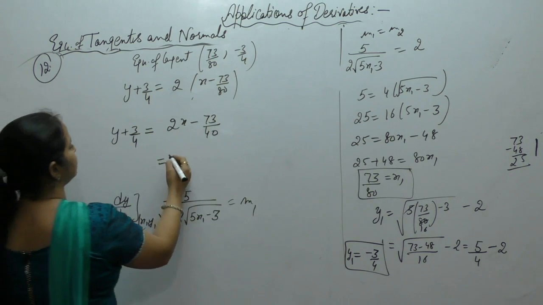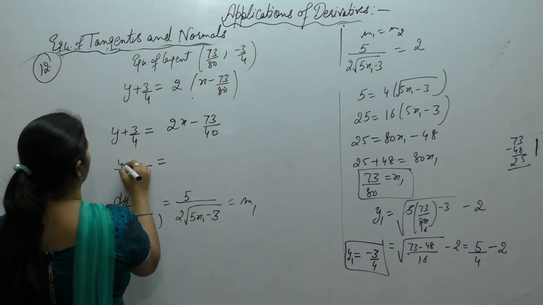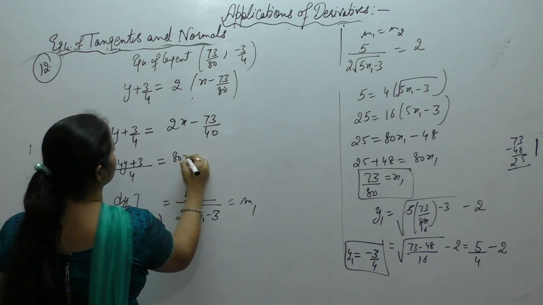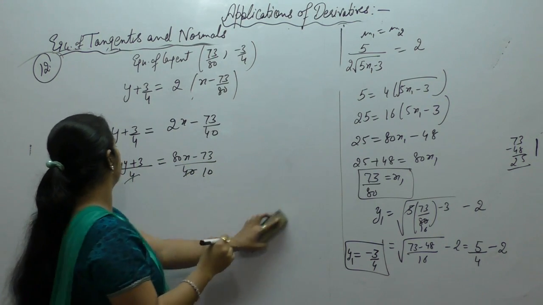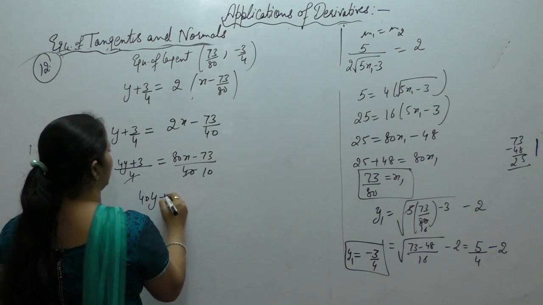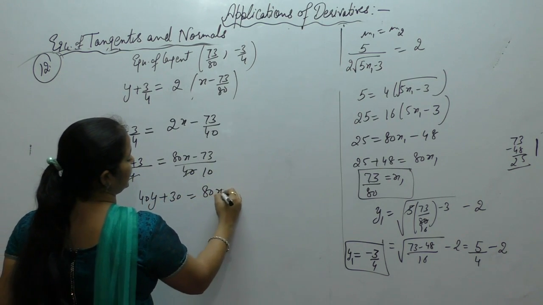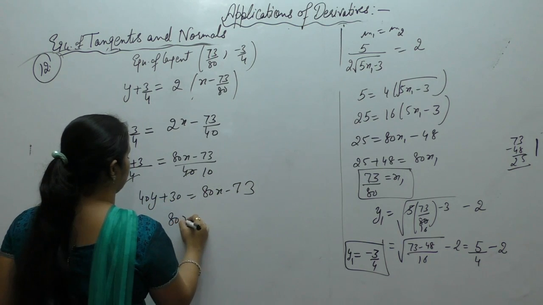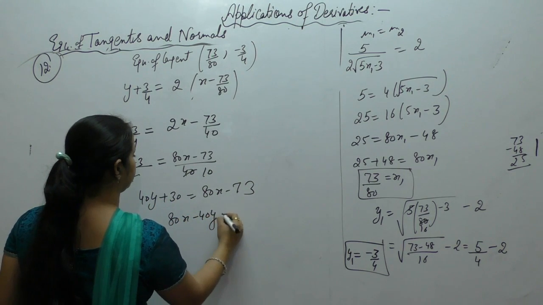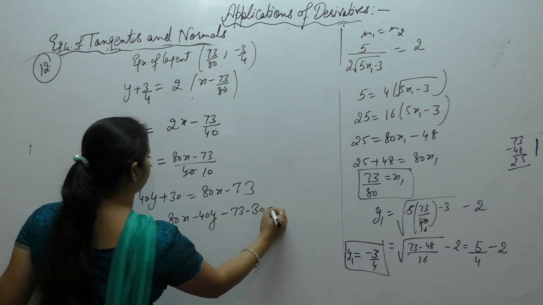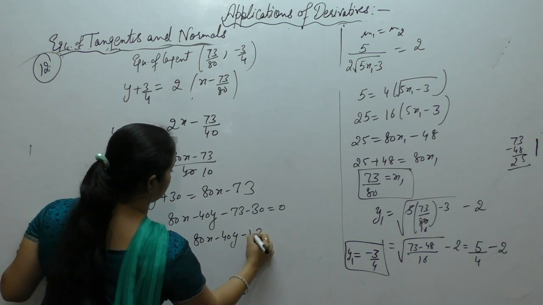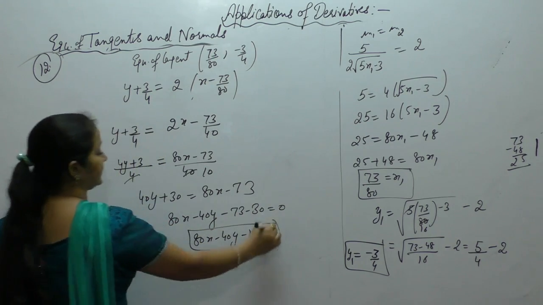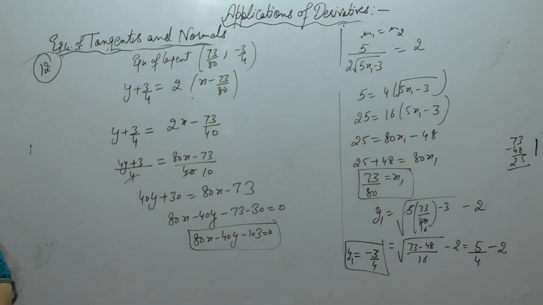Now take the LCM. 4y plus 3... So 40y plus 30 is equals to 80x minus 73. So we get 80x minus 40y minus 103 equals to 0. Note it down.